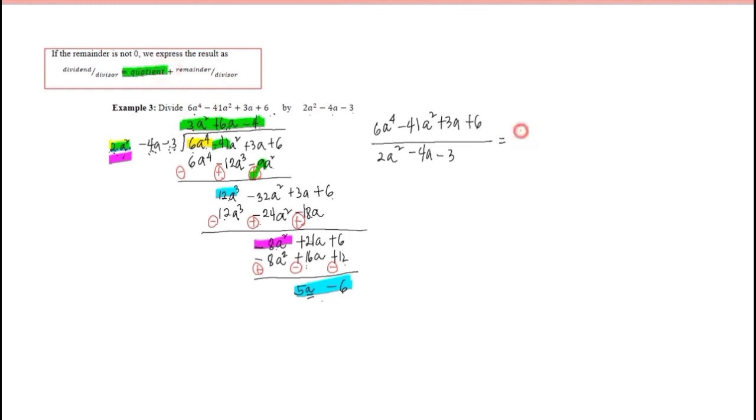So that would be 3a squared plus 6a minus 4. And sabi dito, plus the remainder, since this is the remainder, that's 5a minus 6. Actually, ito yung remainder over the divisor. So, ito yung divisor natin. We have our divisor 2a squared minus 4a minus 3. And this is our answer.